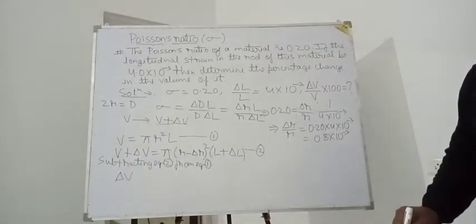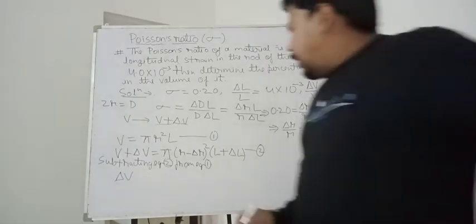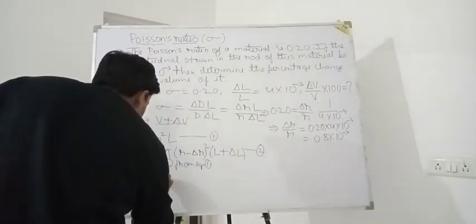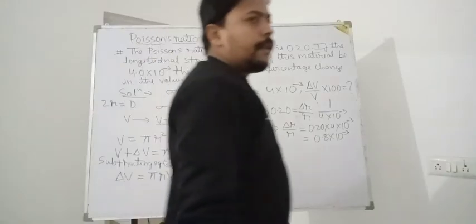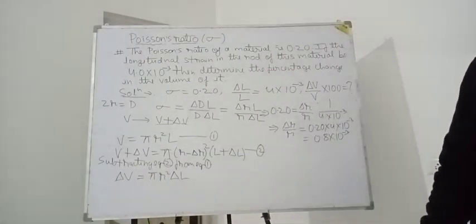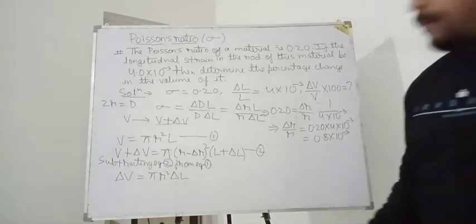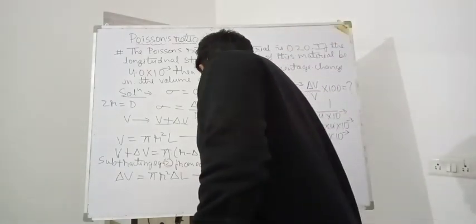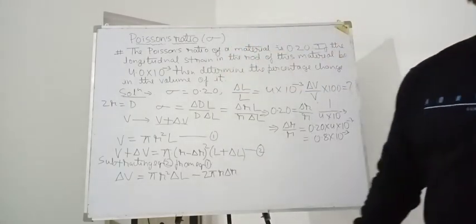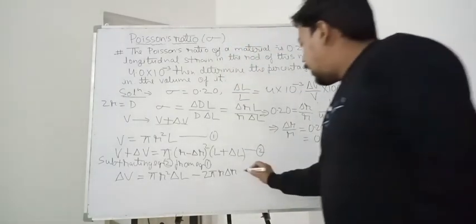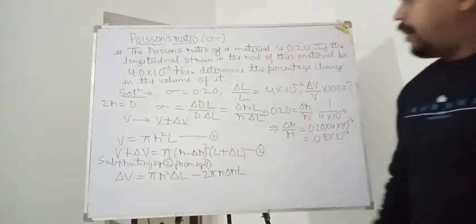I solved it and I just want to write it here: π into r² into delta L, minus 2πr into delta r into L. This value we get from here.